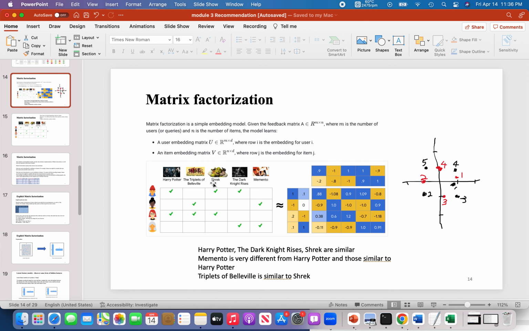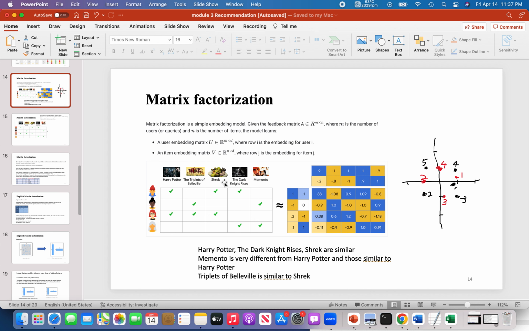The next movie, Triplets of Belleville, is movie number 2. It is different from Harry Potter, so it is situated at the coordinate negative 1 on the x-axis and negative 0.8 on the y-axis, approximately.